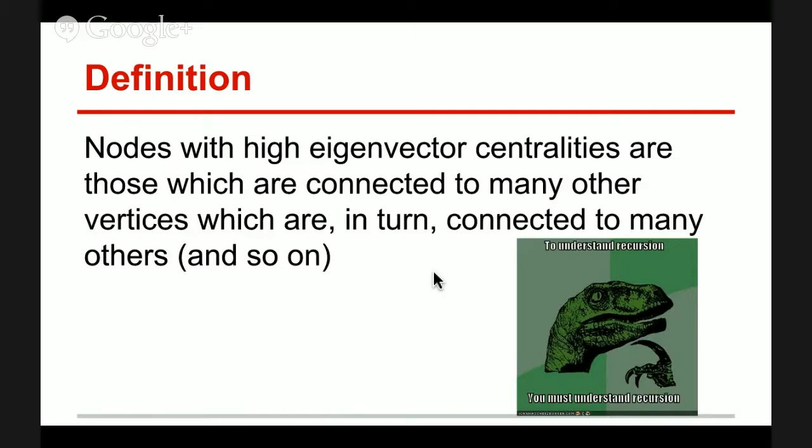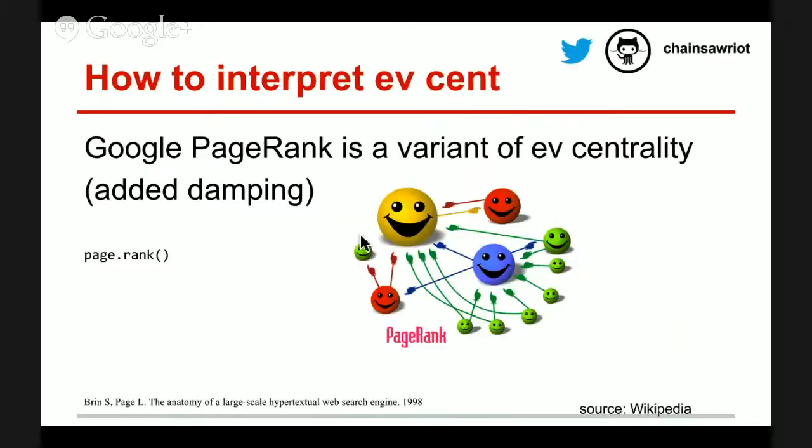It's a recursion because you connect to nodes that are connected to many others, and if you have a high eigenvector centrality, those nodes also need to be connected to many others. You can see there is a recursion here. I think the definition can be represented by these graphs.